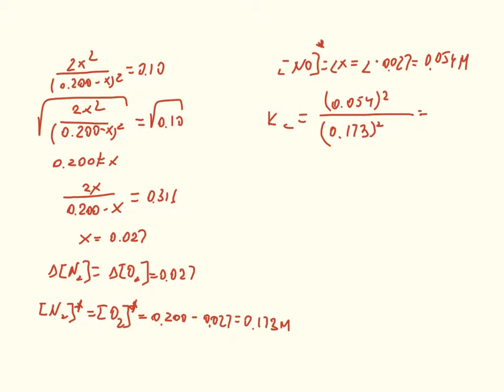The answer is, we need to take a calculator and calculate it. 0.054 squared divided by 0.173 squared. And the answer is 0.097, which is close enough to the given 0.10, which means our calculations are valid and problem is solved.